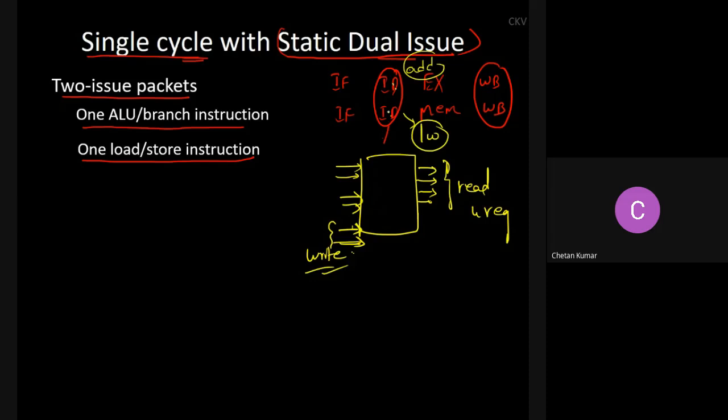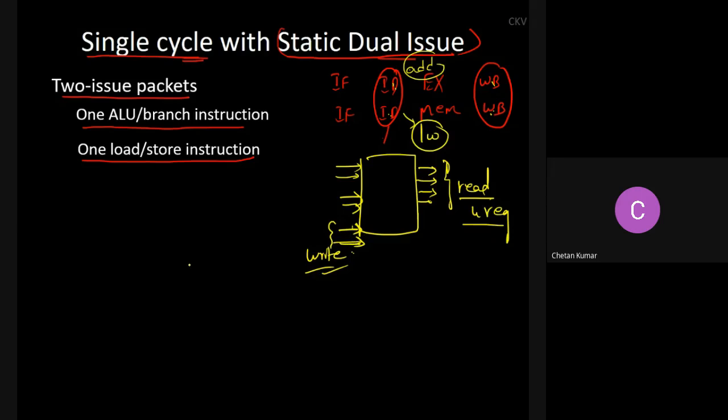When I say 2 IDs and 2 write back stages, it's not that you have 2 different register files. You have the same register file, but you give it more ports so that you will be able to read more and write more. You'll be able to read 4 registers in parallel instead of 2 as in our earlier case, and you will be able to write into 2 registers at the same time.